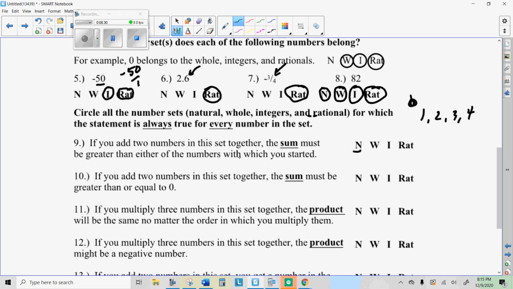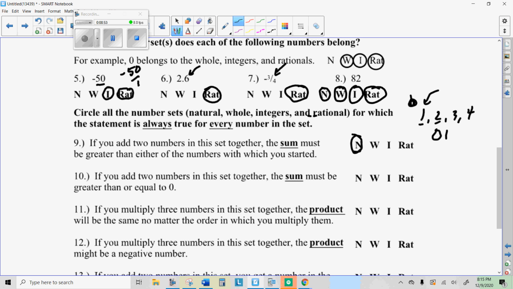The sum must be greater than either of the numbers with which you started. Yeah, that would be true for naturals, because if you add 1 and 2, you're going to get a greater number. The smallest number you can add is 1, so the smallest you could do is 1 plus 1. So yeah, that one works.